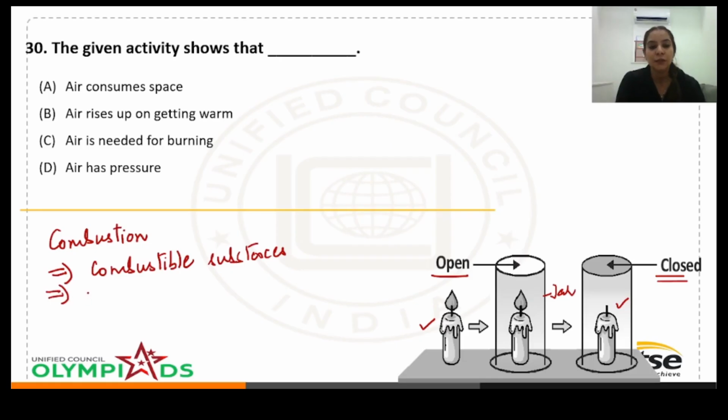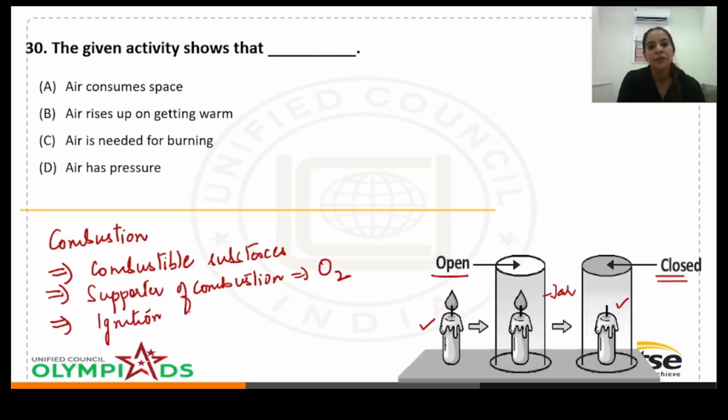And what other things do we need? We need a supporter of combustion, that is a gas which supports combustion, like oxygen. And third, we need to ignite it or heat it until we reach a certain temperature when it starts burning. That is the ignition temperature, the temperature at which a substance starts burning.